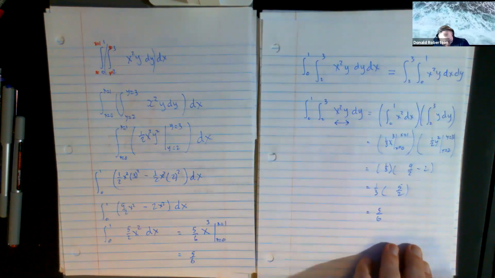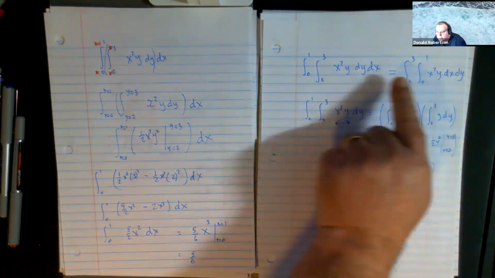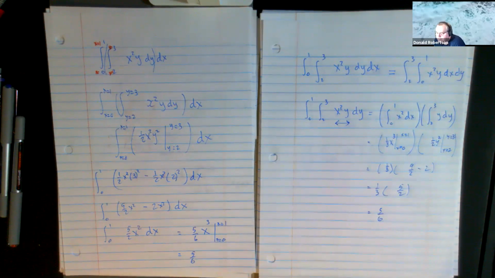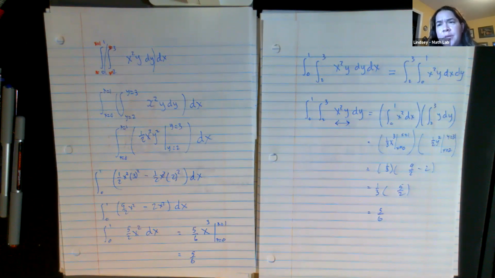Why do you think switching the order might sometimes make your life easier? Sometimes it's easier to do your integral with respect to one variable first. Like if we had something like e to the x and we integrated with respect to y first, then actually, now that I think about it, I'm not sure that that's the best example.